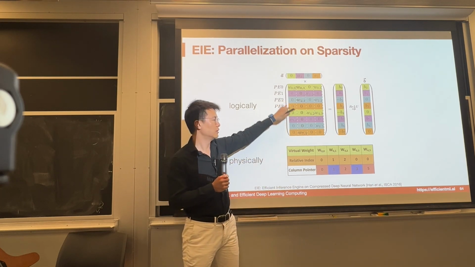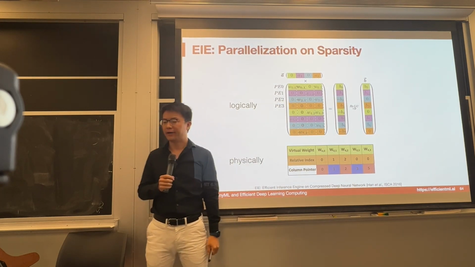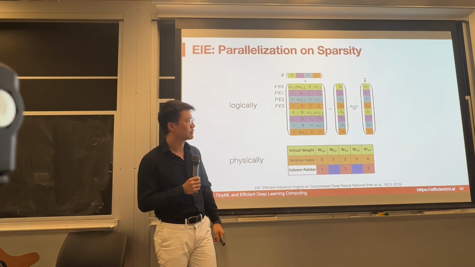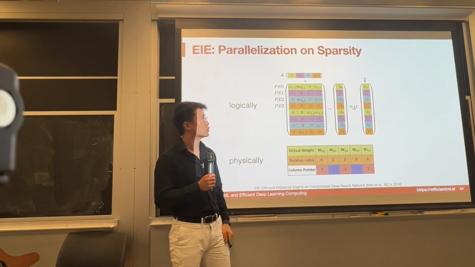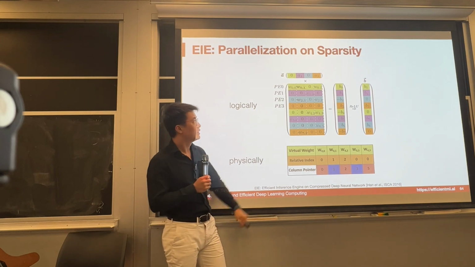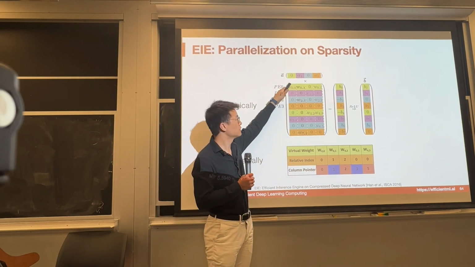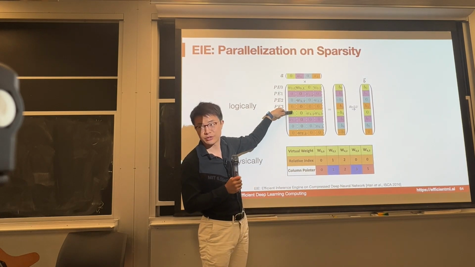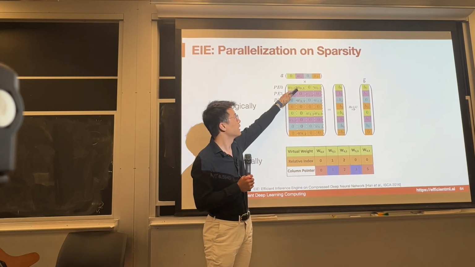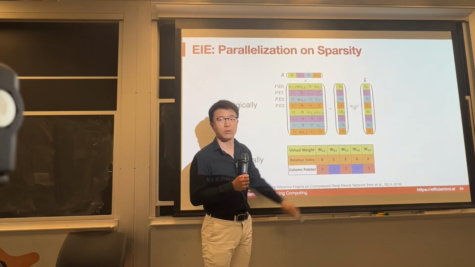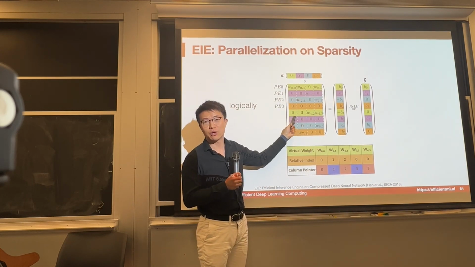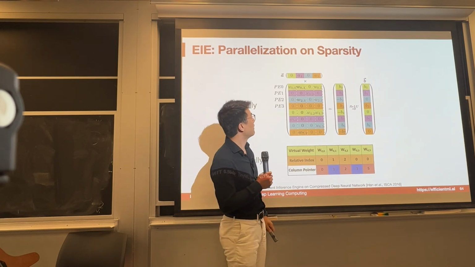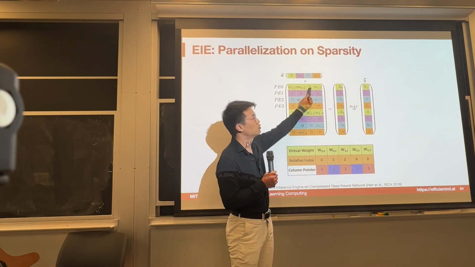This is the logical view, and this is physically how each PE stores the non-zero weights. For this green PE, PE0, the first non-zero element is W00, and the second one is a 0, so we are not storing that. The next one is W01, which is skipped by 1 element, so we have a skip of 1, and then we skip 2 elements.